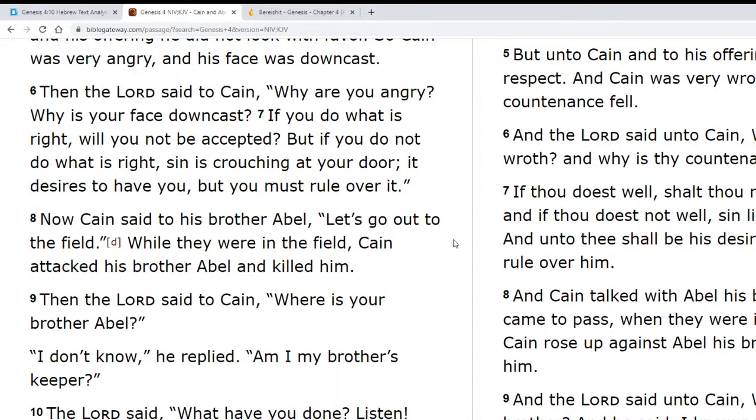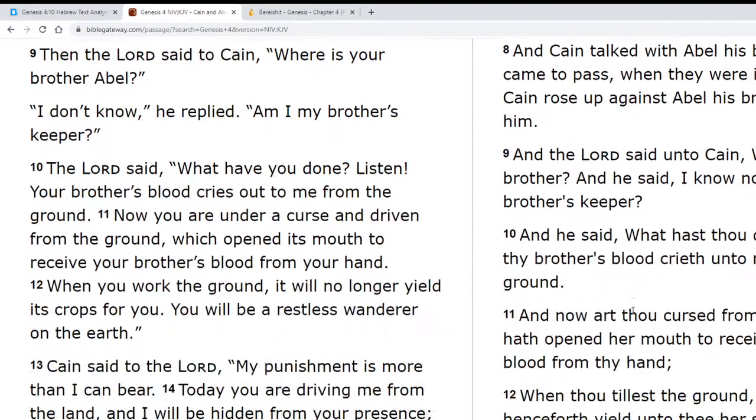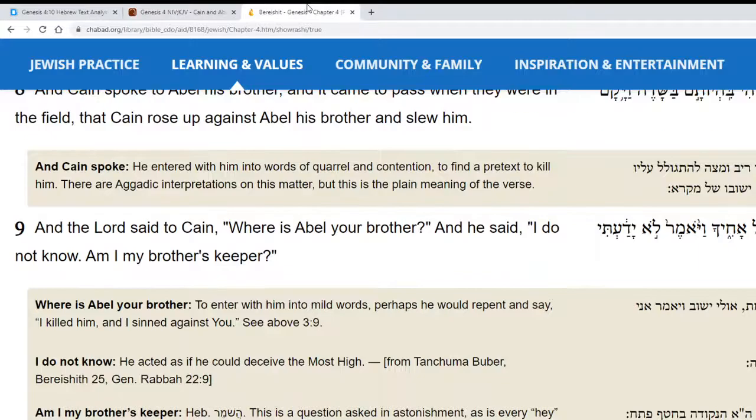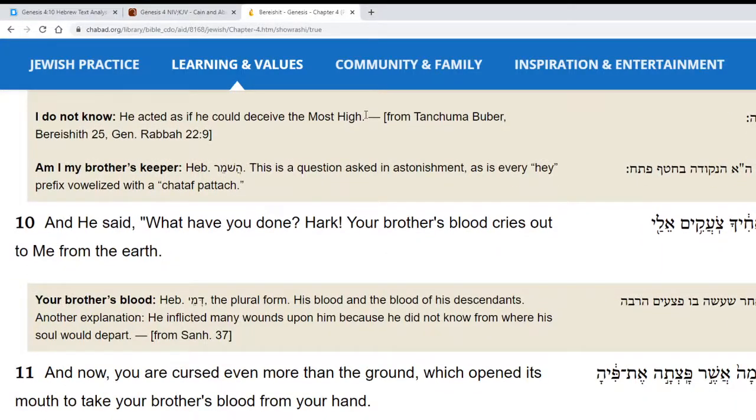Okay, let's see what King James says about verse 10. And he said, what hast thou done? The voice of thy brother's blood crieth unto me from the ground. NIV: The Lord said, what have you done? Listen. Where did he get the listen from? I don't see it. Listen. Your brother's blood cries out to me from the ground. And there's no note there, which is surprising.